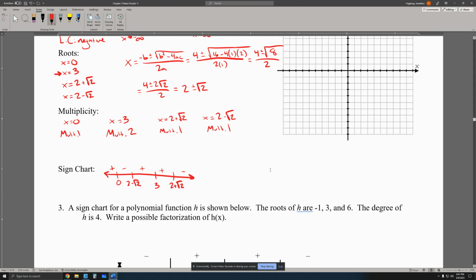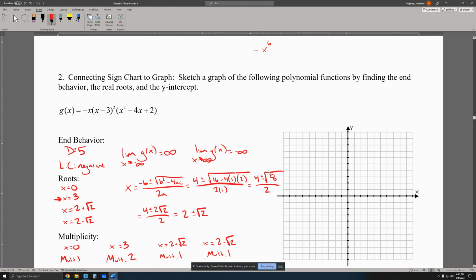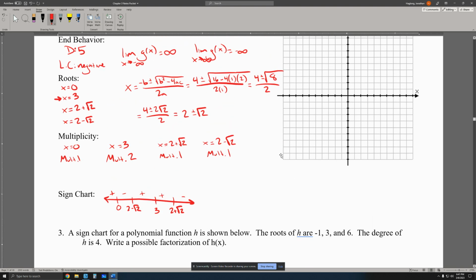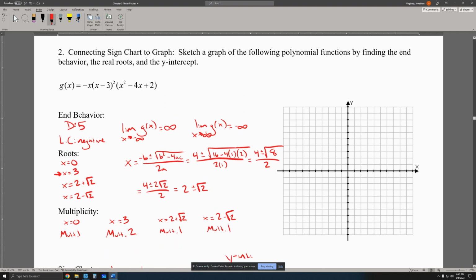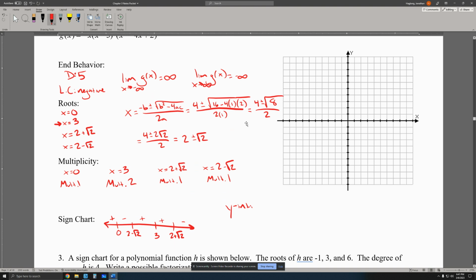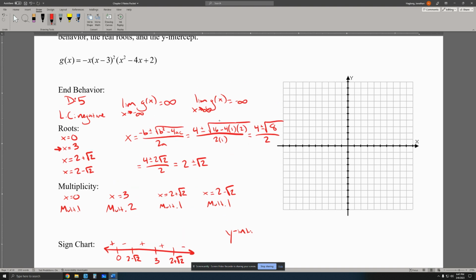All right. Last thing I want to find here is the y-intercept. So I'm just going to create a space for that. So the y-intercept. Remember, the y-intercept is where x equals 0. So what we can do is we can take our function and plug in 0, or evaluate the function for g of 0. So we have negative 0, and then times 0 minus 3, and then squared.